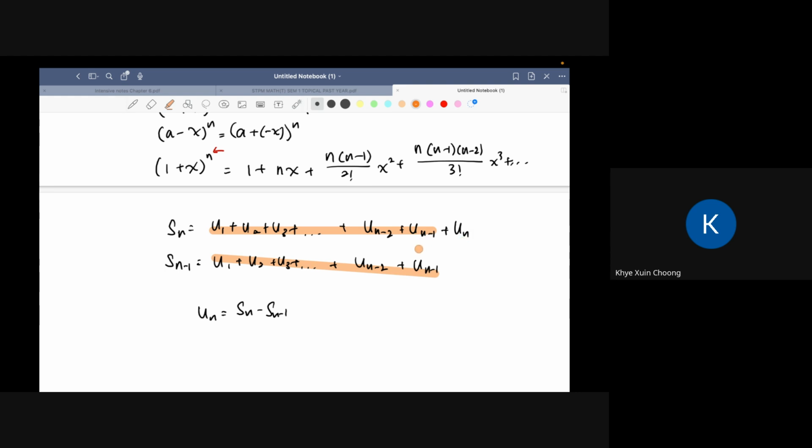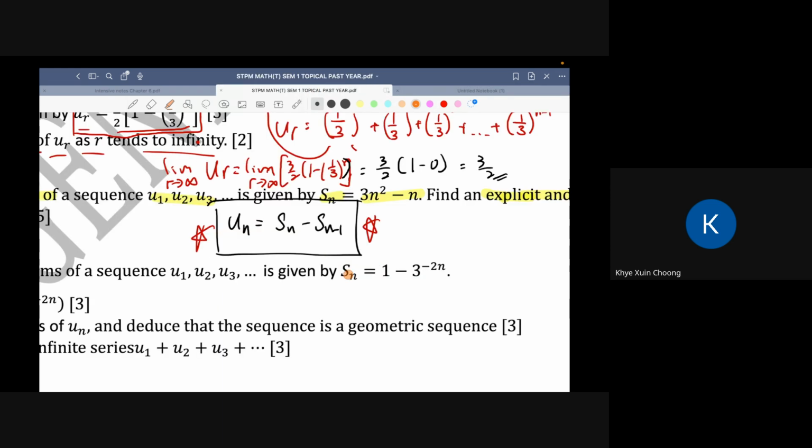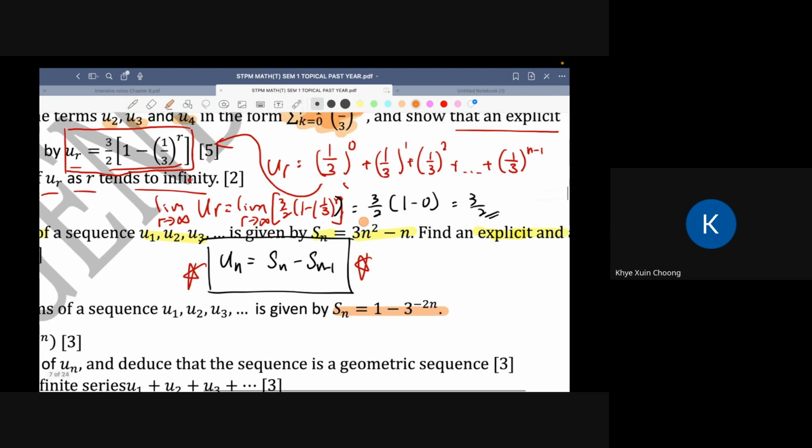Just that you can see it or not. So if you have the formula of Sn, you can find Un by using the formula Un equals to Sn minus Sn minus 1. So if you have Sn, you can solve it. Sometimes we don't know how to write Sn minus 1.